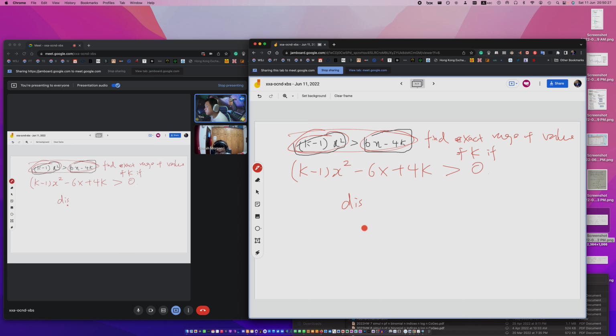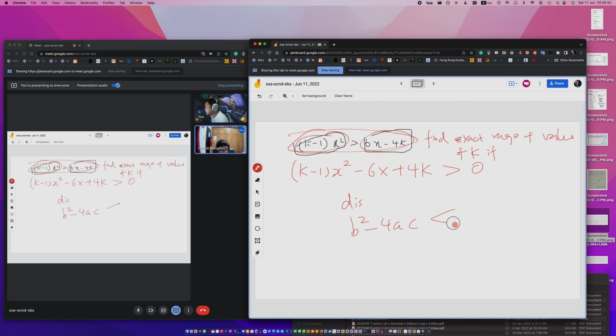Do you need to make use of the discriminant? Yeah, so b squared minus 4ac, right? Why? Okay, very good. So no roots, right? You are saying no roots.